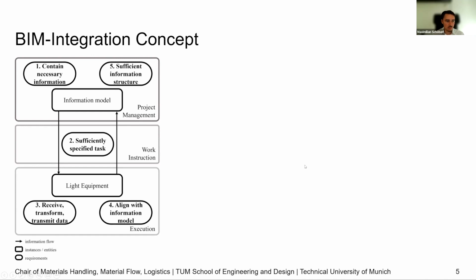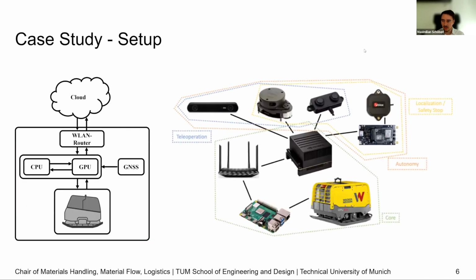With this concept, we moved into our case study. We had a case study with a vibratory plate, which you can see here. On the left side is the basic architecture, and on the right side, you can see the actual components we use. Nothing special. We used the NVIDIA Jetson.